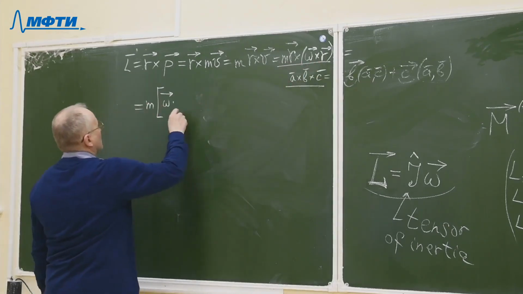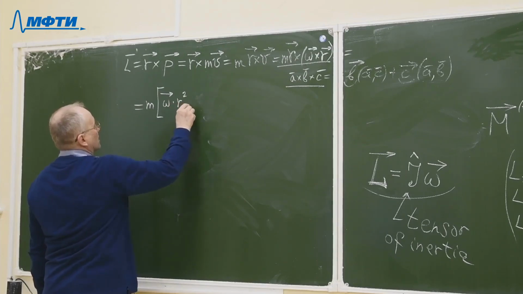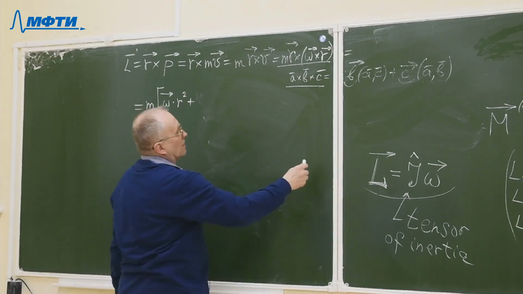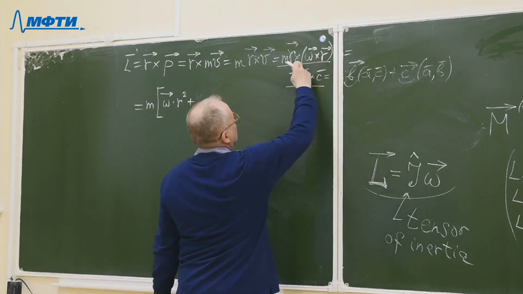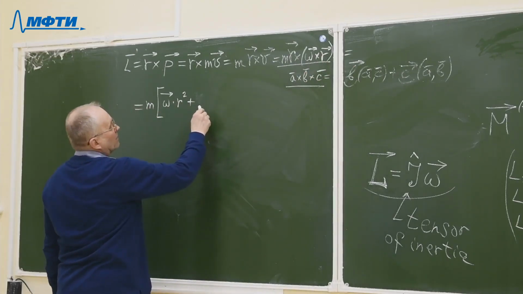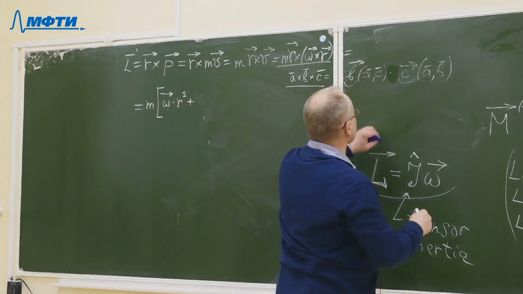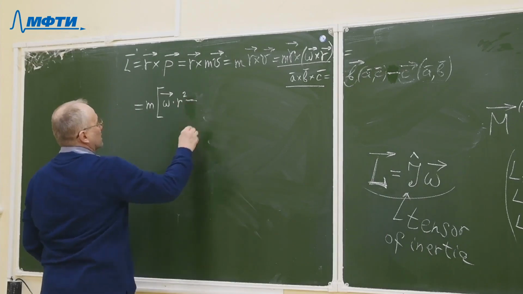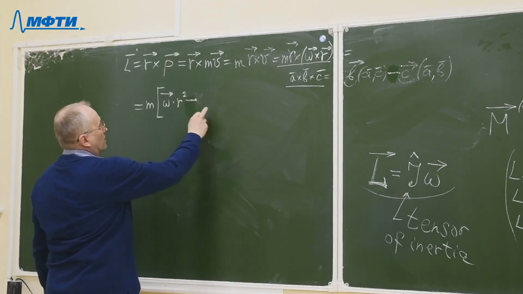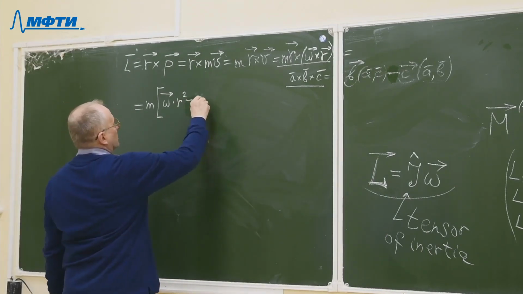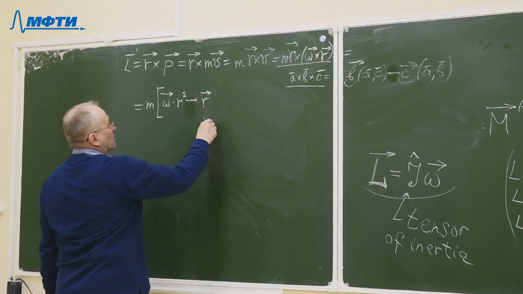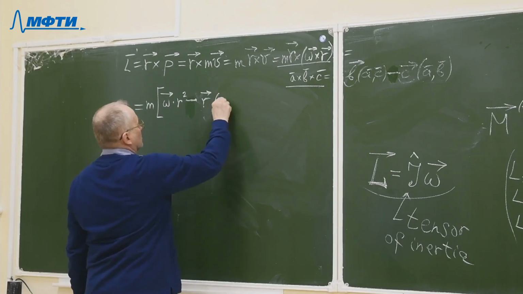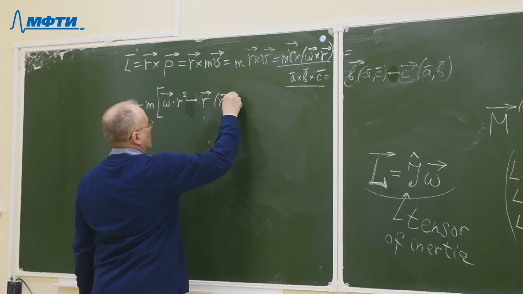AC will be R times R, which is R squared, minus, certainly, I told you correctly, but I wrote it incorrectly, minus here, the second term, vector C, which is R, times the scalar product of AB, R omega, vector R omega.